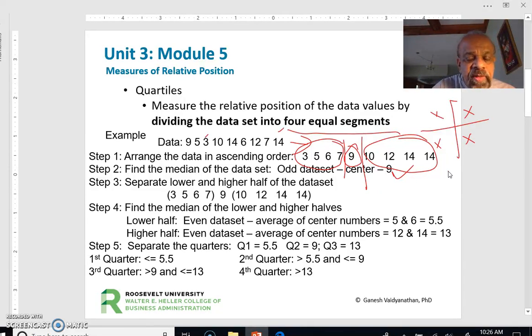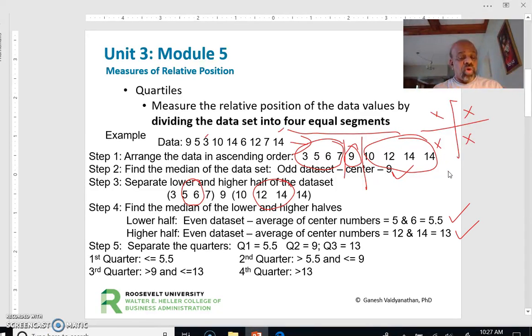It's an even data set, so my median is going to be 5.5, that is 5 plus 6 divided by 2. Then my higher half is going to have 12 and 14 as the median. So I'm going to have 12 plus 14 divided by 2, which is 13. So now I have 5.5 and 13.